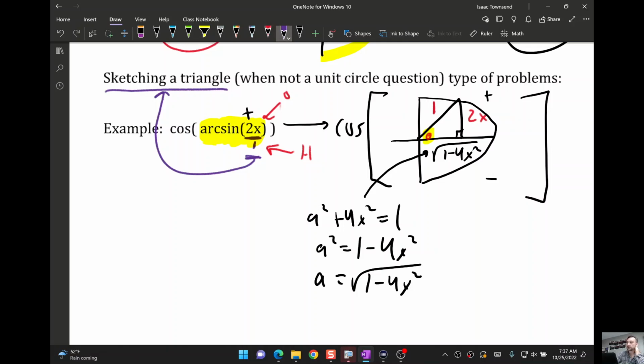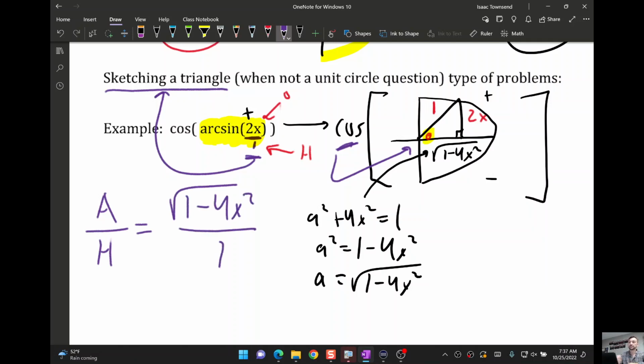So to finish this question, now we can use the cosine value. I want to know the cosine of that angle. Cosine is adjacent over hypotenuse, and of course anything over 1 is just itself. So the answer to that is the square root of 1 minus 4x squared.